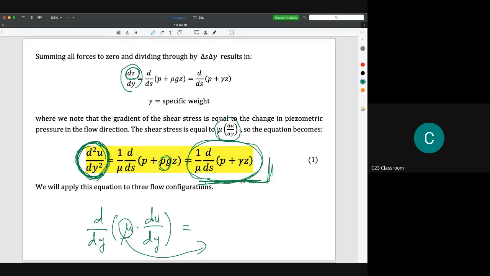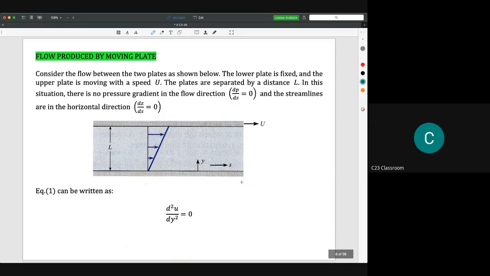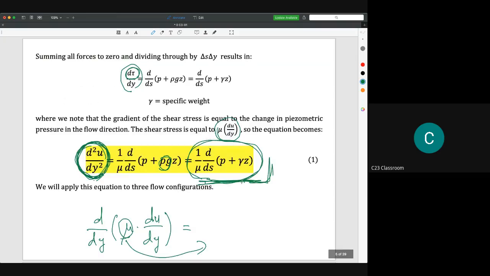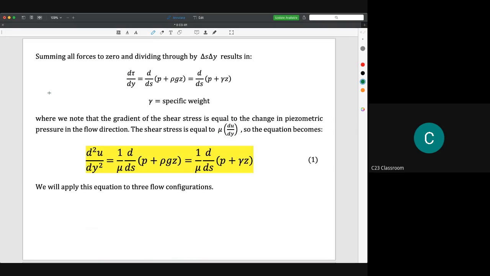I will show you in the next slide. This is the simplified equation that we need to understand before we can solve those three situations.